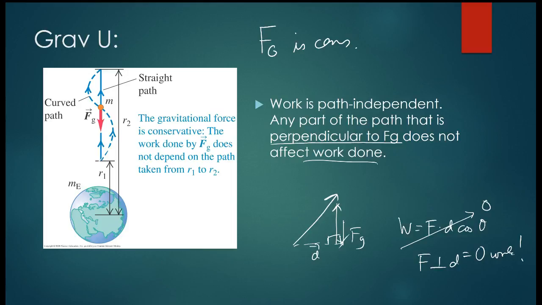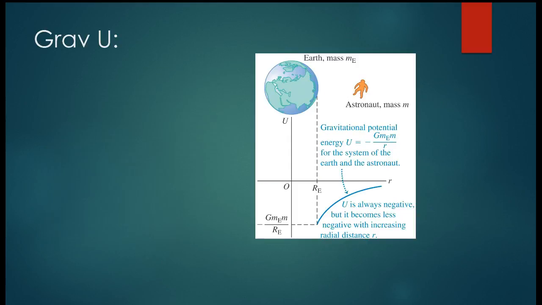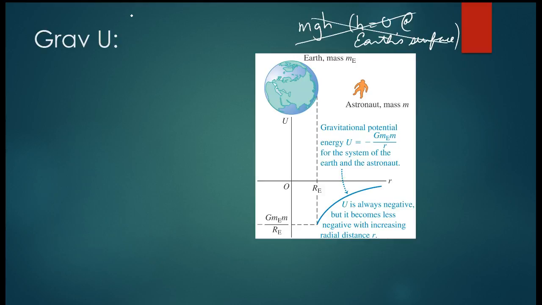Now, the other thing that's weird about gravitational potential energy is that we sort of think of gravitational potential energy as positive mgh. And this is where h is equal to 0 at Earth's surface. That's what we did back in our energy unit. But now what we're saying is that this is wrong, and actually h is equal to 0 at the edge of the universe.